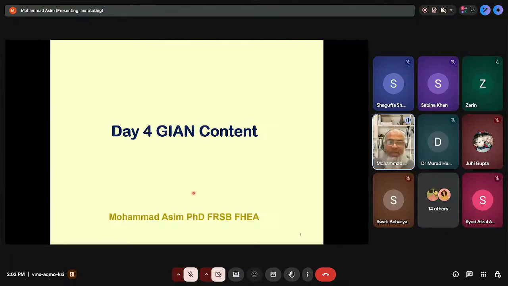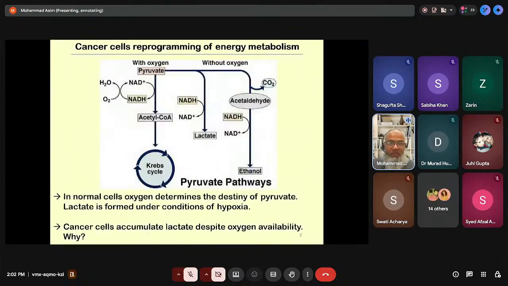So, without any delay, I'm going to talk to you about the metabolism experienced by cancer cells and how you will come to appreciate that it differs from normal cells. Have a look on your screen. What you can see here is the central metabolic pathway, glycolysis.